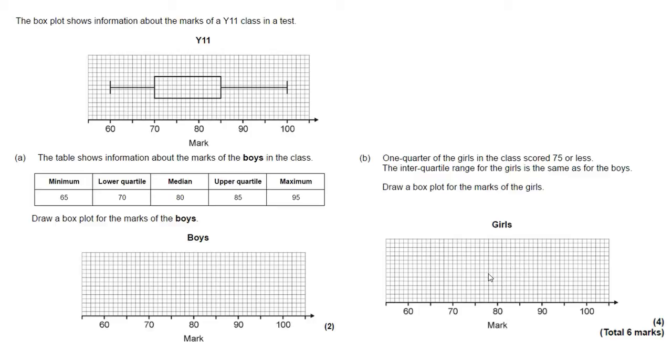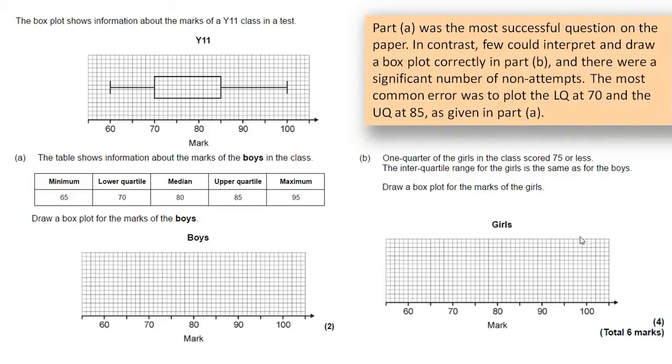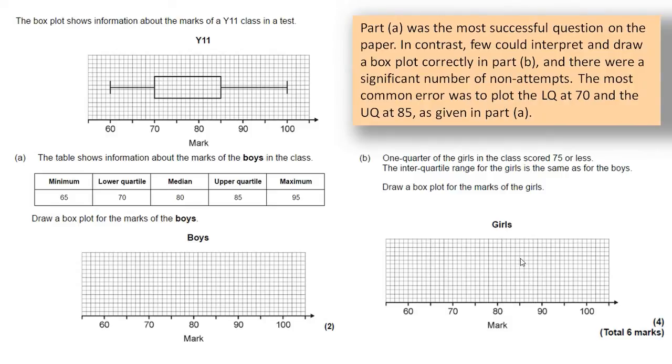Okay, let's have a look at how people did in the exam by looking at the examiner's remarks. The examiners say that part A was the most successful question on the whole exam paper, so we shouldn't have any problem with the boys. But in contrast, few could interpret and draw a box plot correctly in part B for the girls, and there were a significant number of non-attempts at that question.